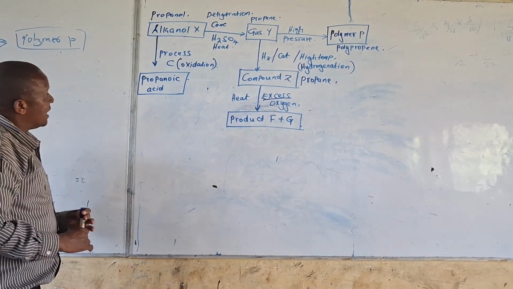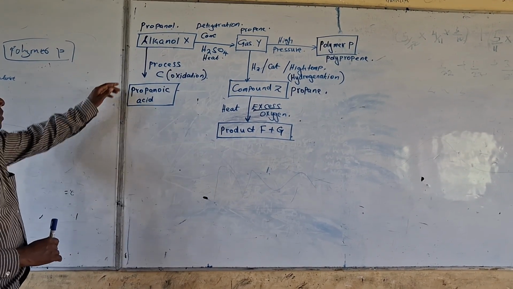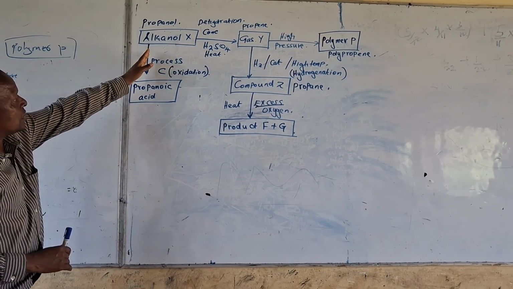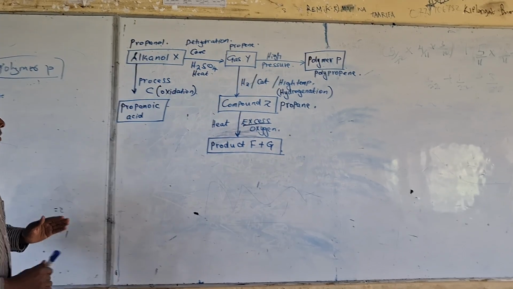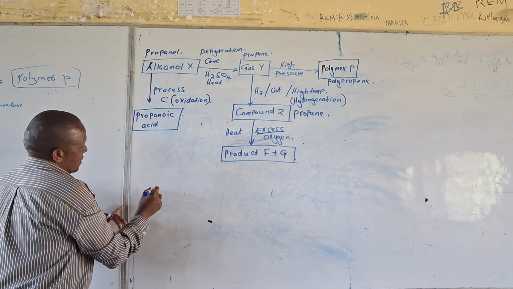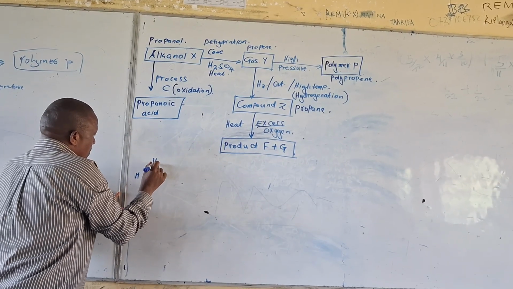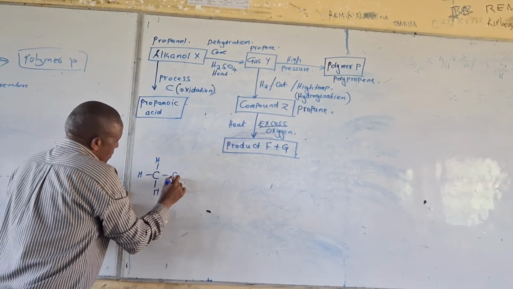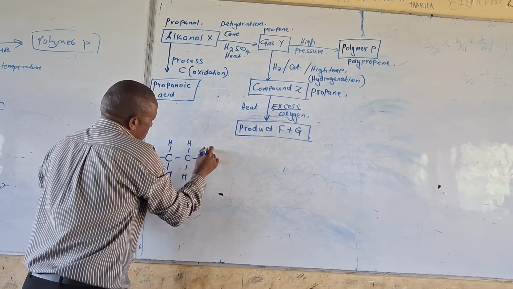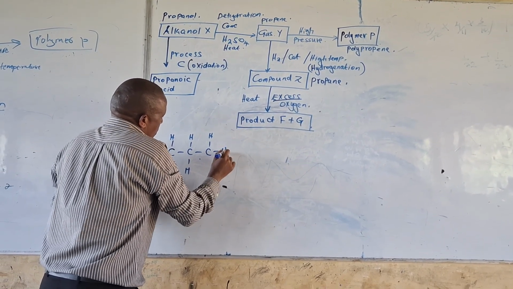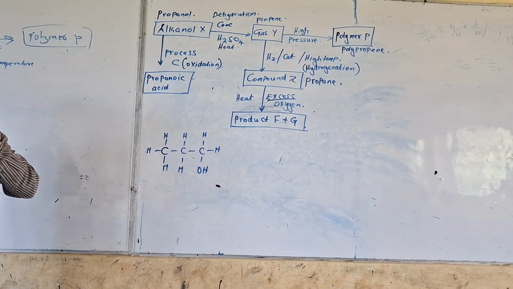Maybe we can look at the chemistry behind it. We look at oxidation. We start with alkanol X, we form gas Y. How does this occur? We start with propanol, which is like this. This is propan-1-ol.